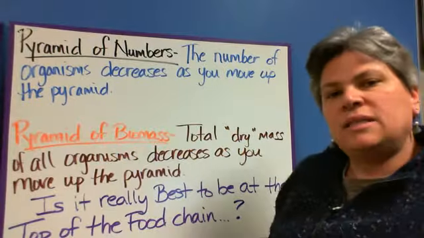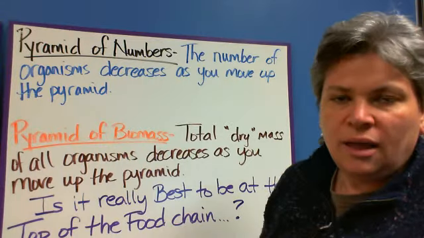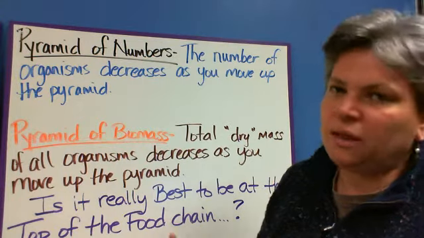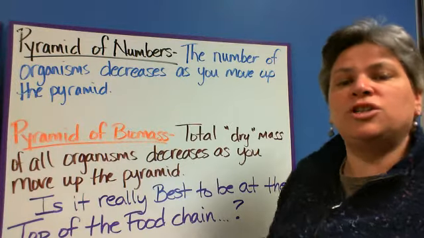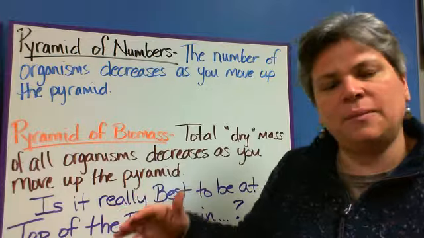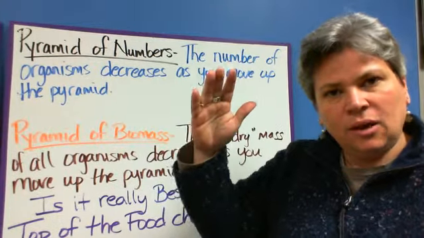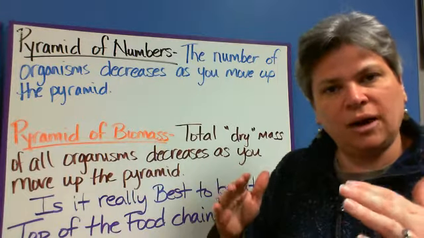Another way to look at that is if we talk about a pyramid of numbers. We're all familiar with pyramids. And when I mention a pyramid to you, either you think about something from cheerleading, or maybe you've done one with your friends, maybe you've watched a show on ancient Egypt. You have this idea of something being very wide at the bottom and very skinny at the top. Well, a pyramid of numbers, you're going to have a lot at the bottom and fewer on top.